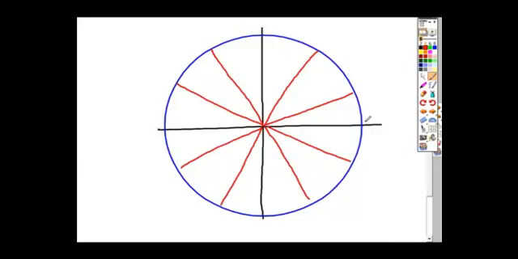And then we also have the multiples of 45: 45, 90, 135, 180, 225, 270, 315, back to 360. These are all the angles of your unit circle.